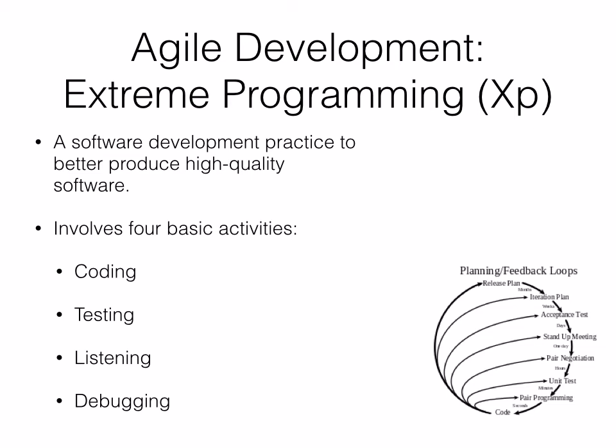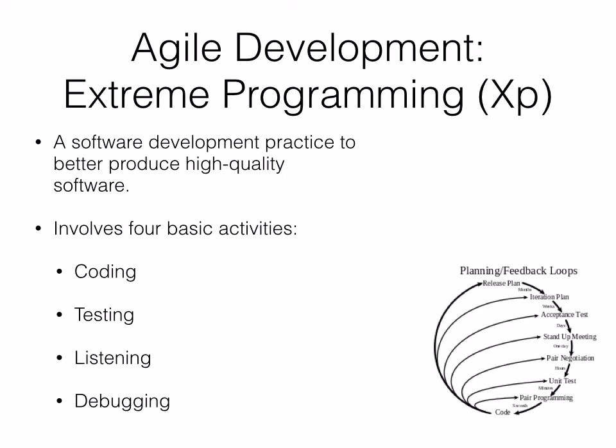There are other ones. But now we're going to talk about agile development practices, and I'm going to use the example of extreme programming. So, extreme programming, or XP, is a controversial process, a software development practice that's, at a high level, intended to produce high quality software, but involves four basic activities that really changed things.